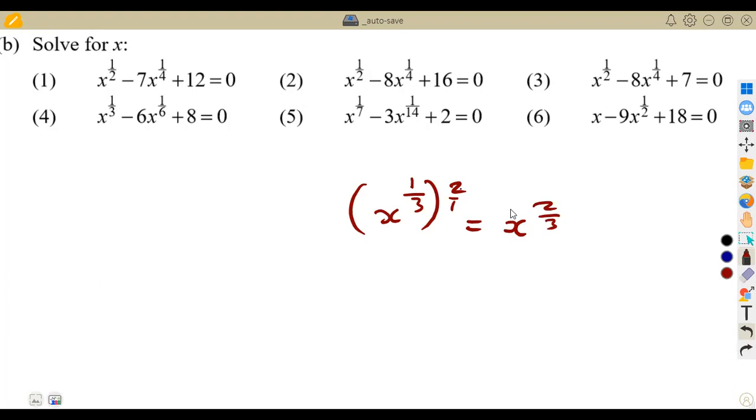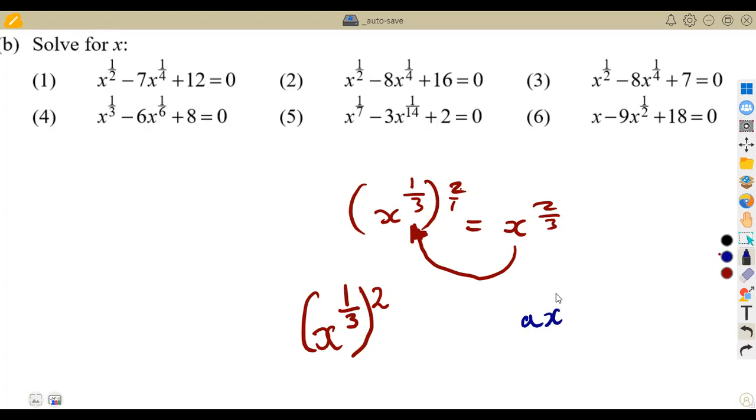So where I see something like x to the exponent of 2 over 3, I can think of rewriting it that way. By rewriting it in this way, it means I have a quadratic term, because a quadratic has to be raised to the exponent of 2. So I have a quadratic ax squared plus bx plus c is equal to 0. So I have exponent of 2 there.